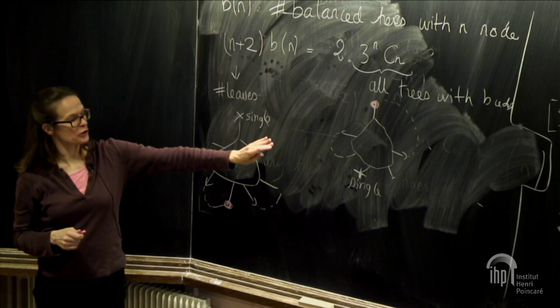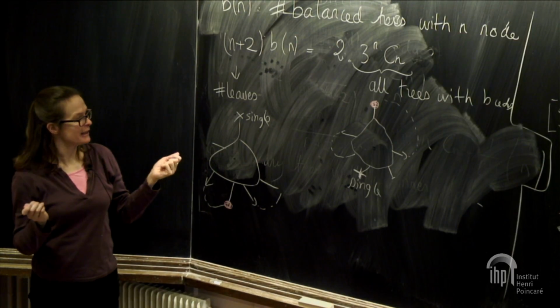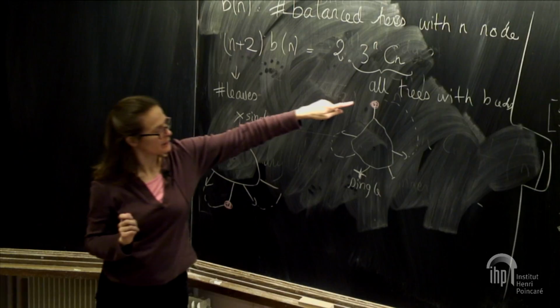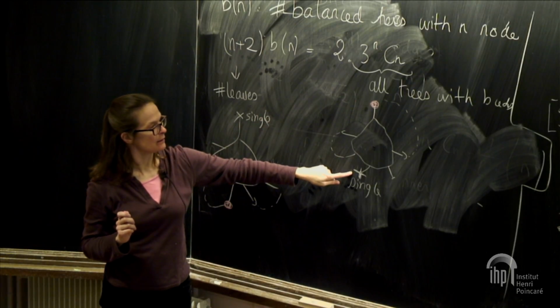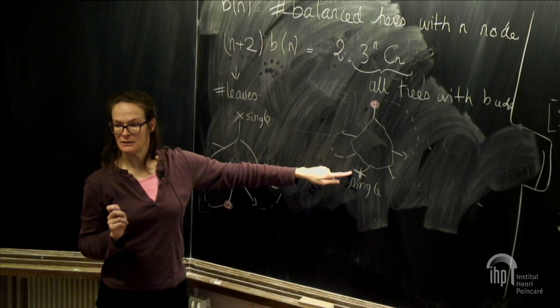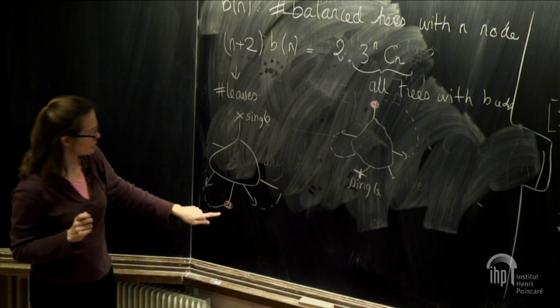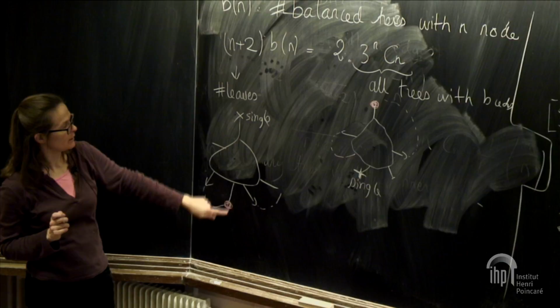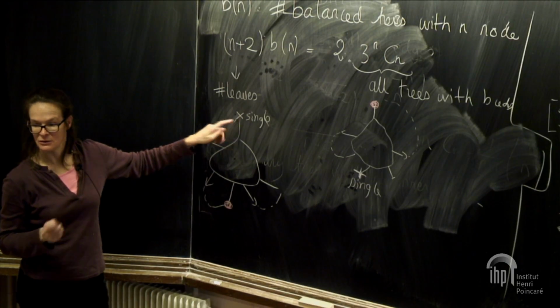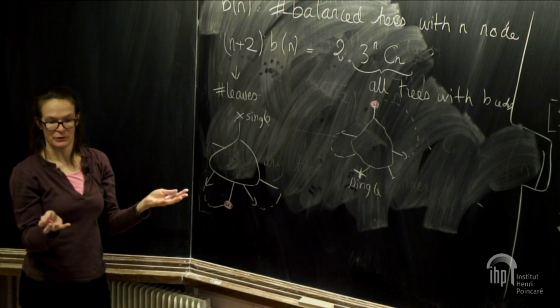Okay, in both structures, you have 2 marked leaves. One here is the root, and here one is the other single, well, one of the single leaves. And here you have just one leaf marked, and the root is now single. So it's really a rotation of the tree, if you want.